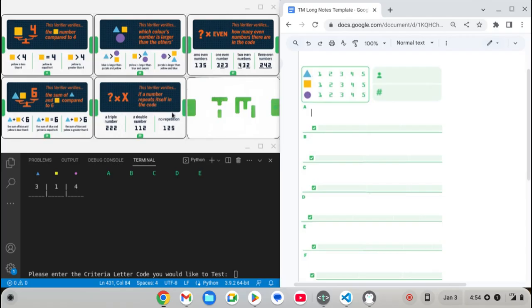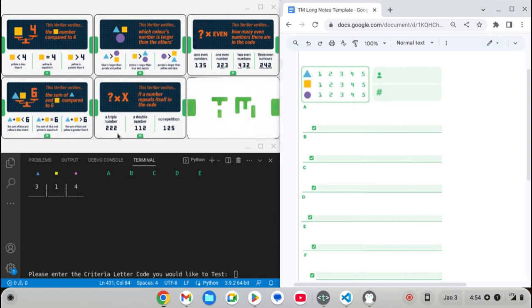Specifically, there are 3 scenarios. The first is that there are no repetitions, as in the example 125, or it could be that the solution is a double number, as in the example 112, or it could even be a triple number, as in the example 222.